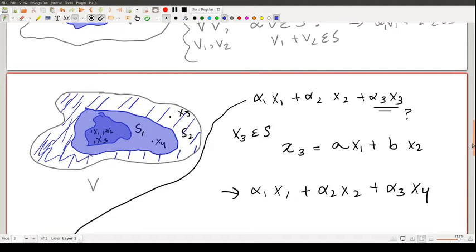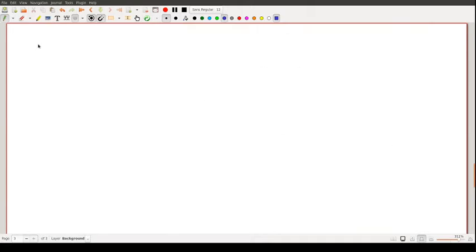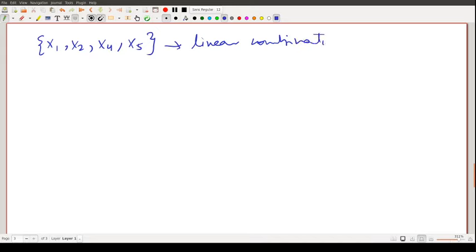And at this point, what you have is a set of vectors x1, x2, x3, x4 and x5, such that linear combinations of all of these cover the entire space V.